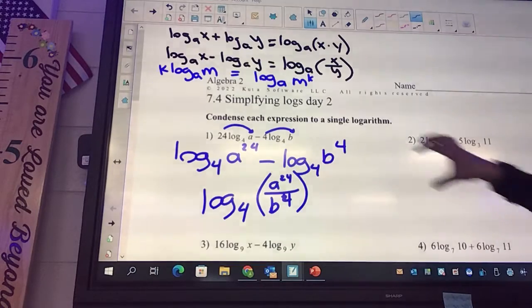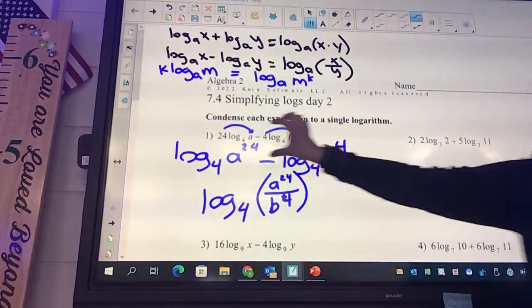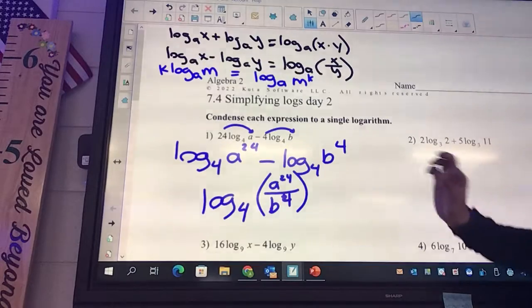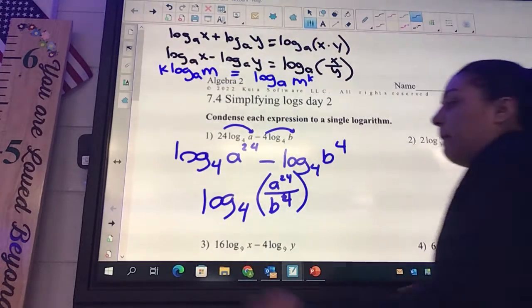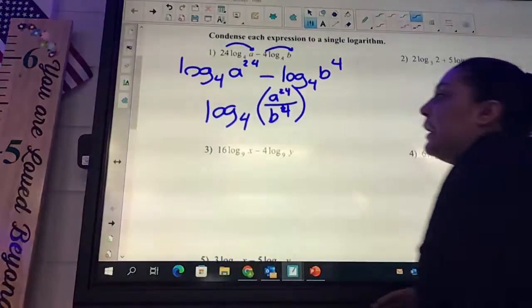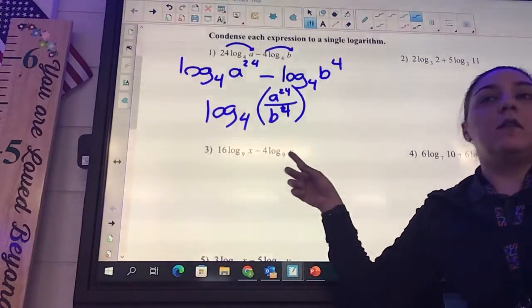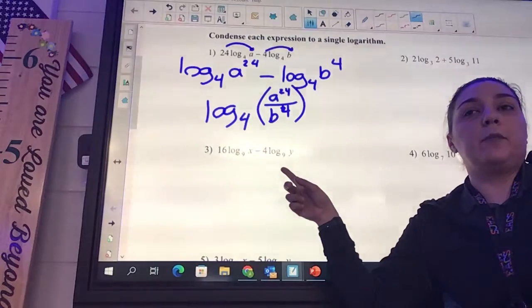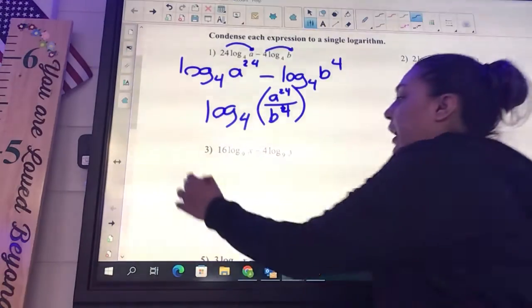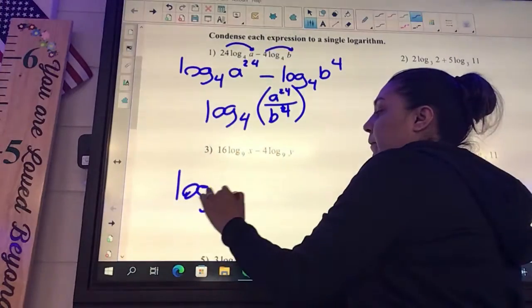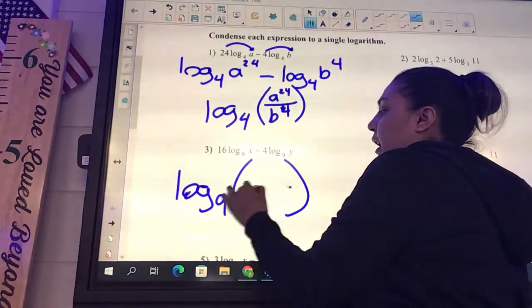Okay, you can skip this step if you want to. I don't necessarily suggest it, but you totally can. And how could you skip the steps? You know this is going to be division. So you know you're going to have log of 9 and you're going to have the division symbol.